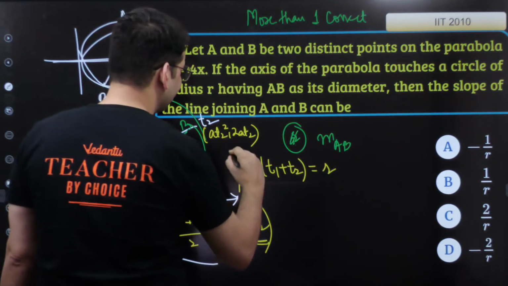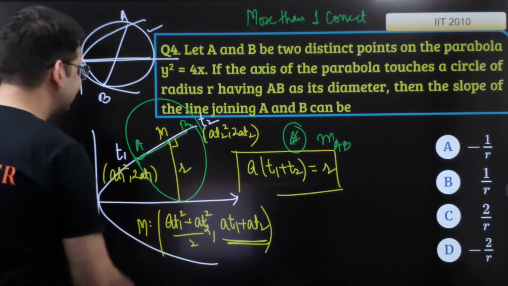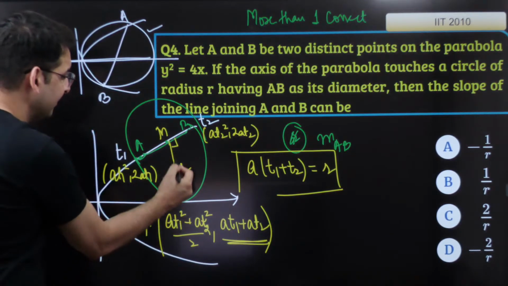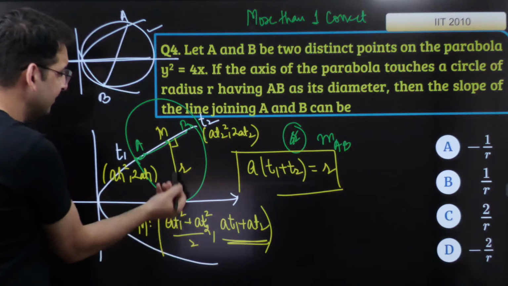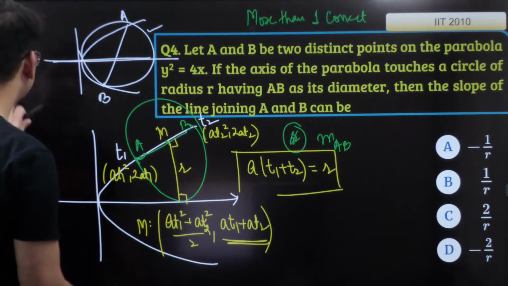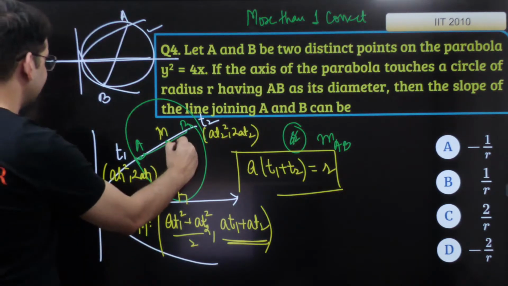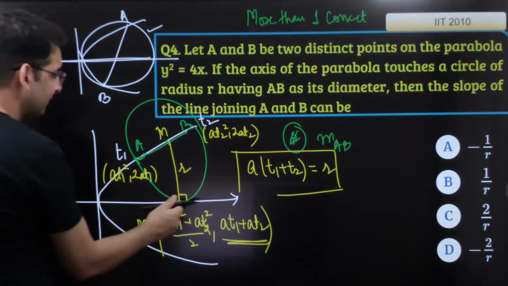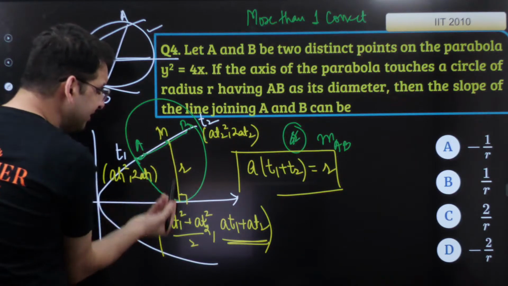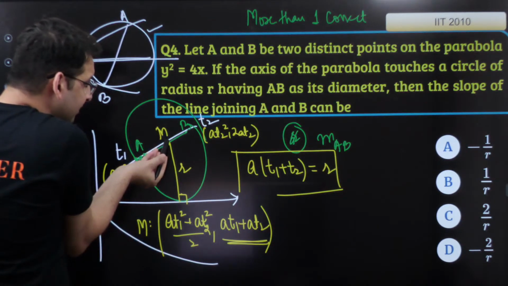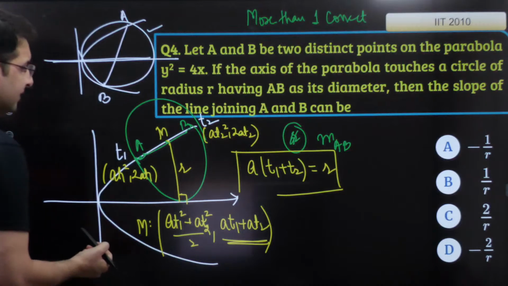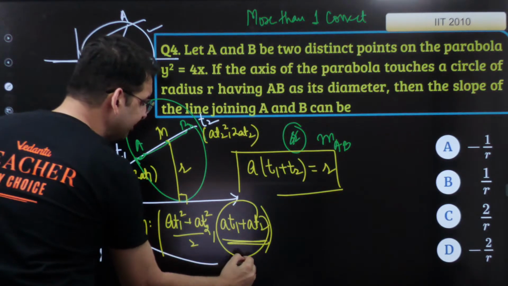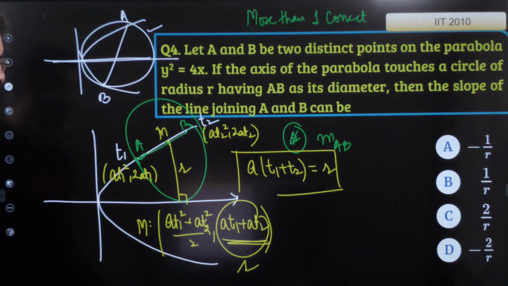M lies directly above this point because this is going to be perpendicular. If this is tangent, this is normal. This is 90 degrees. So if it is tangent at this point, this is going to be normal at this point and it is going to pass through M. So the y coordinate of M is going to be the radius. You all agree to this?